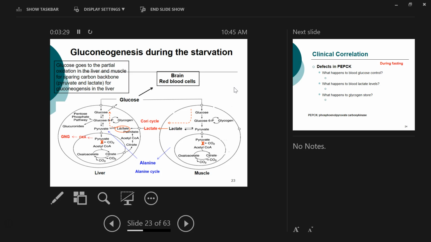Muscle and red blood cells, right? And for the alanine cycle, alanine is the precursor, and where does alanine come from? Muscle, right? Muscle supplies alanine for gluconeogenesis in the liver. Okay, any questions?